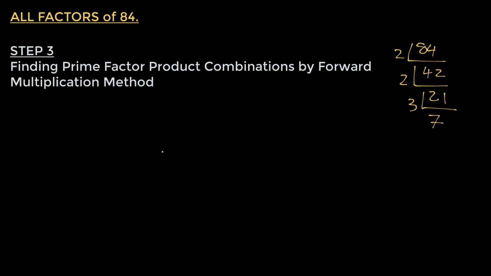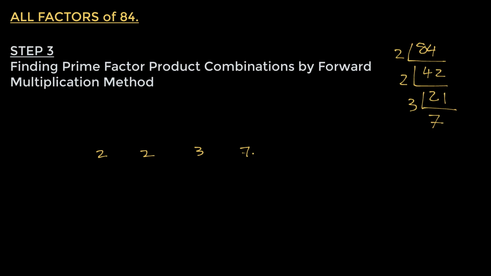To do this, you need to write all the prime factors in a row, and we have 4 numbers. We got 4 factors by prime factorizing 84: 2, again 2, 3 and 7. So because of this we got 4 factors.